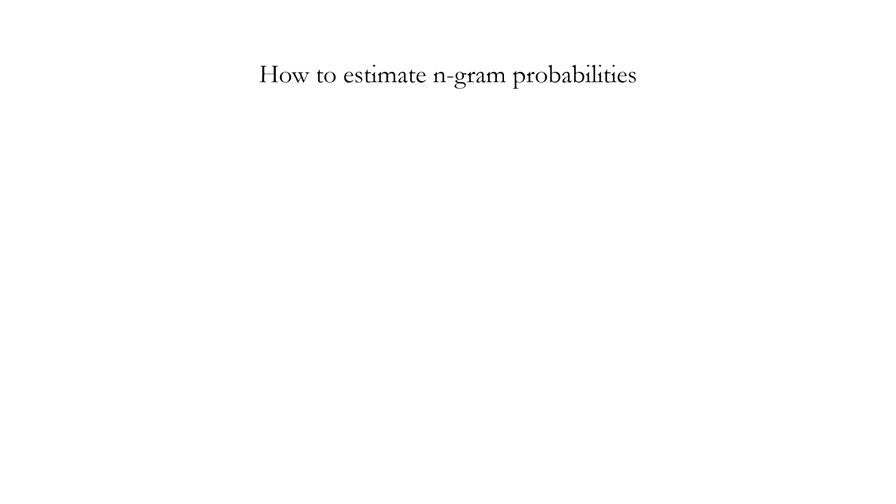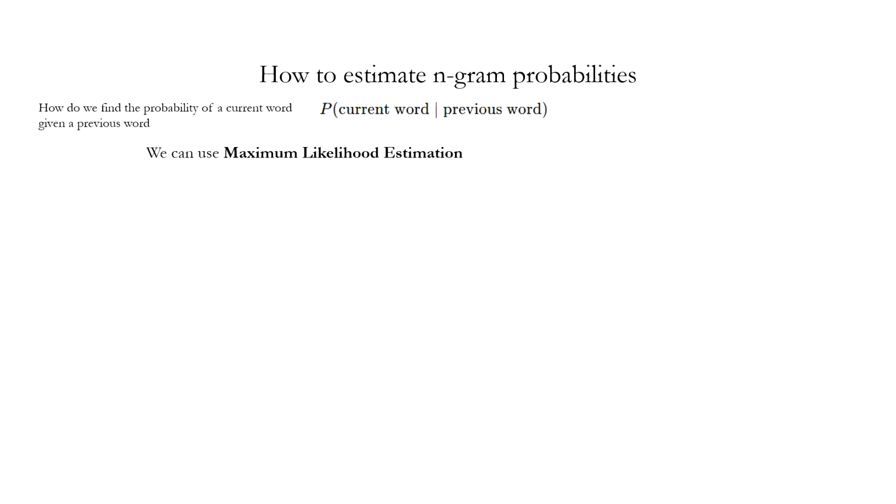The next thing we have to ask ourselves is how do we estimate the n-gram probabilities? In other words, how do we find the probability of a current word given a previous word? And we could express it in the following probability statement. Now, the answer would be that we can use maximum likelihood estimation.